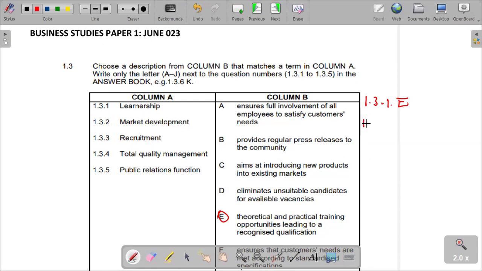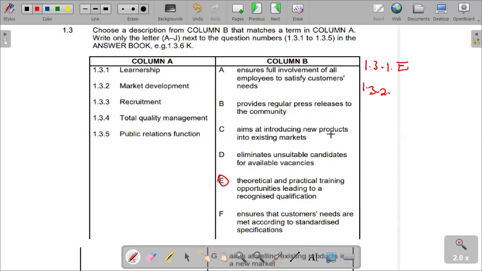1.3.2, market development. What is market development? We need to go through our options.